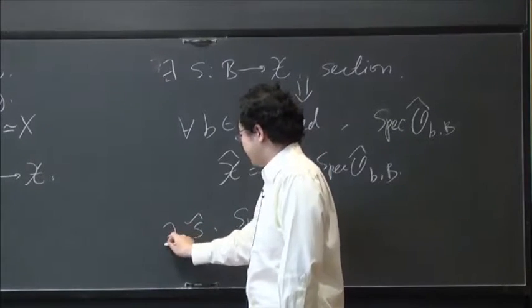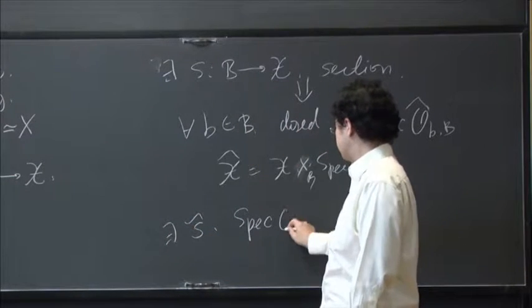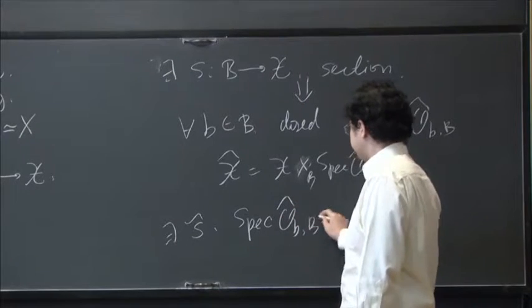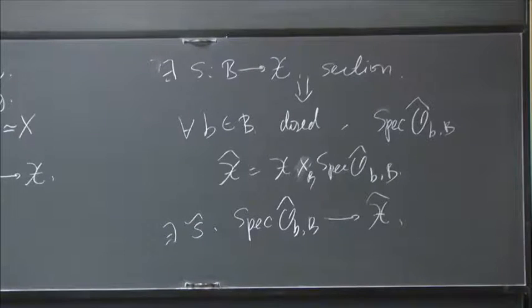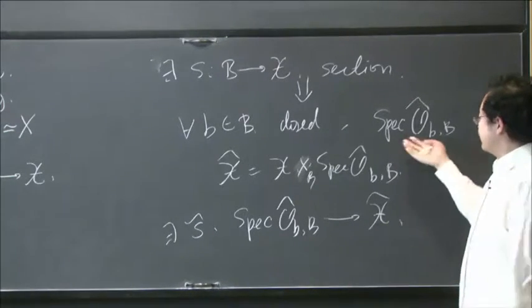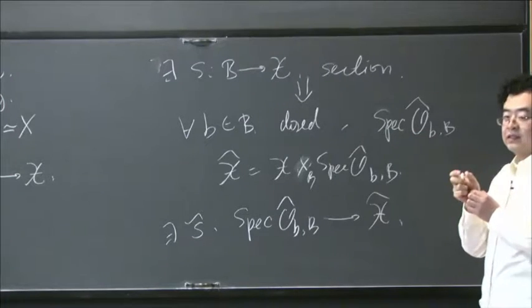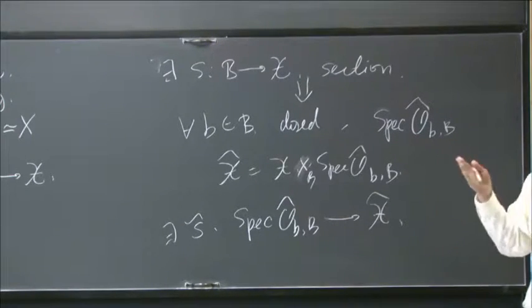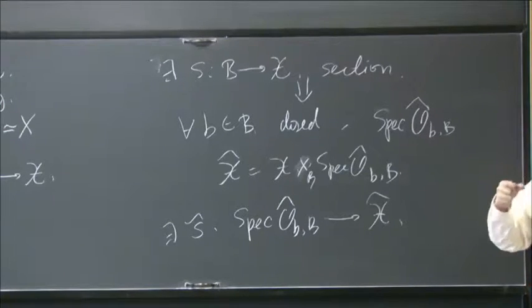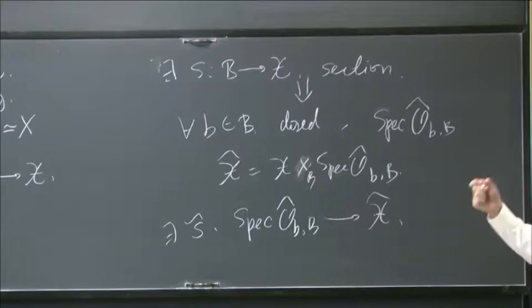So there is a formal section from the spectrum of the completion to this family. If we're over the complex numbers, then you should think of this as taking a really small disk around each point. And then this is saying that if you have a section, you should be able to find local holomorphic sections around each point with sufficiently small neighborhood.